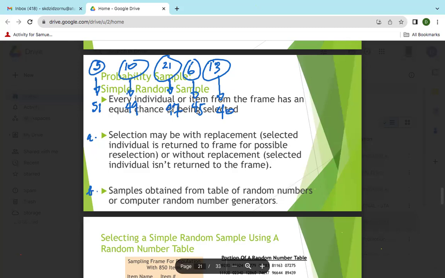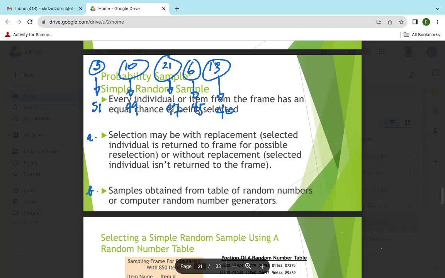So sampling with replacement occurs when we perform a simple random sampling, and we know what a simple random sampling is, right? So simple random sampling with replacement occurs when we perform a simple random sampling in such a way that for every selection that is made, the unit or the element is reintroduced or returned back to the population.